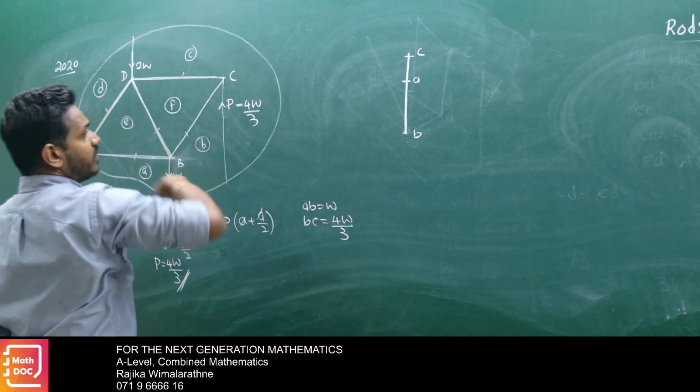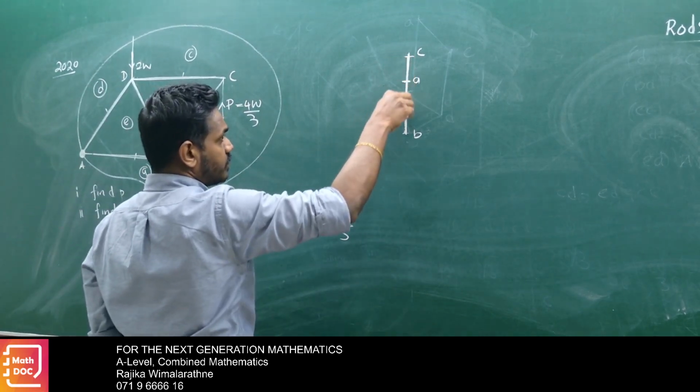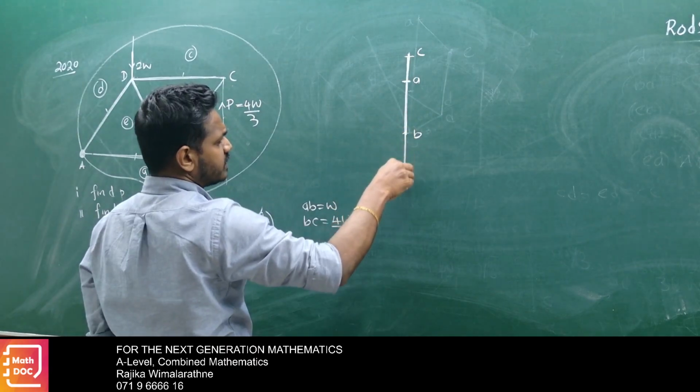Then C, D, 2W, 2W, here 4W over 3, somewhere here.